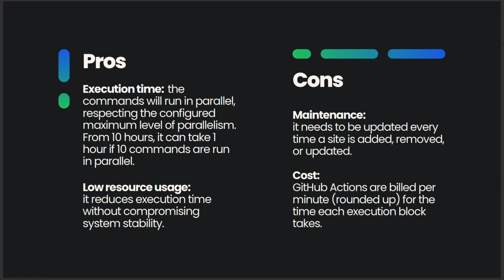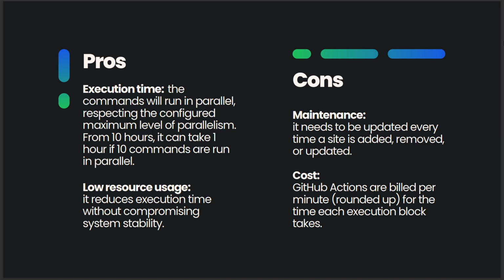Like I said, we fixed the execution time. Now we fixed the big resource usage that we had before. We still have the maintenance cost though, because it is a burden to always keep updating the workflow file whenever someone creates a new multi-site.